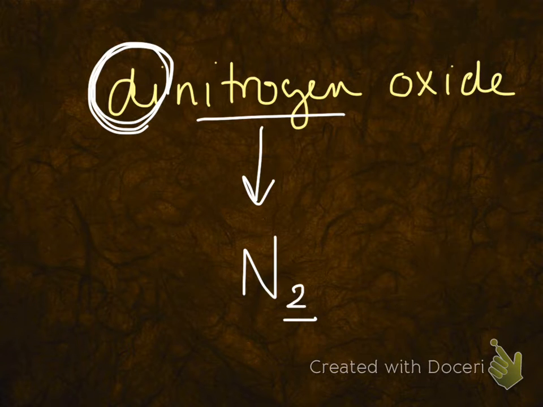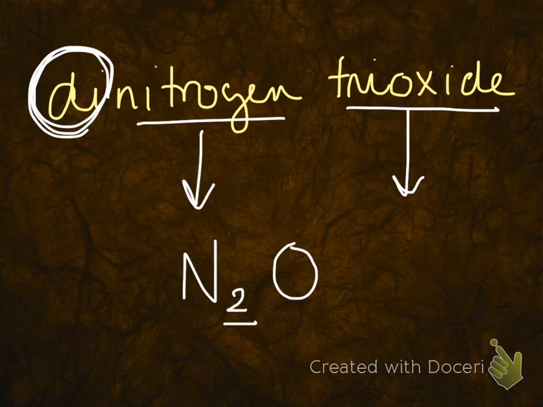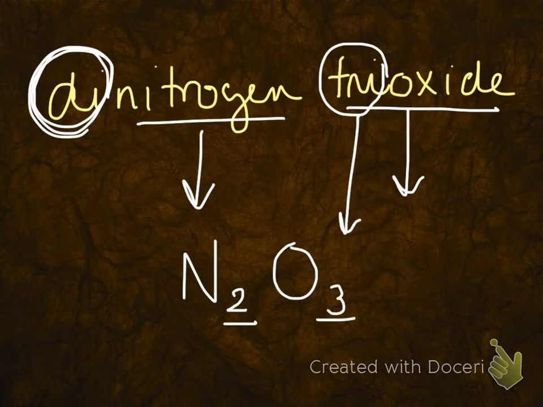So this is N2. We know that this is going to be oxygen of some sort, but what we want is the subscript, and that's again given by the prefix in the name. So this is going to be N2O3, dinitrogen trioxide.